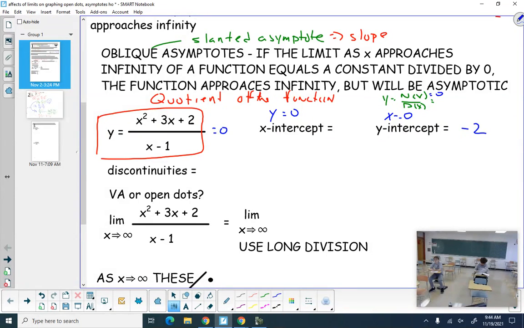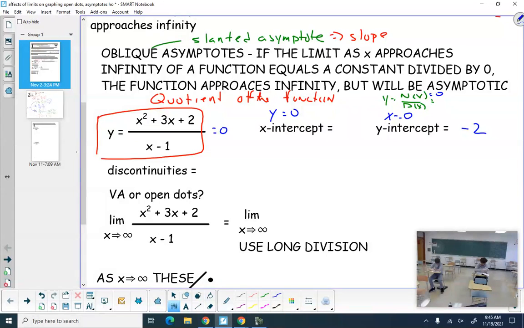What makes the numerator equal to 0, because our discontinuities occur where our denominator is equal to 0. So we take a look at our numerator. If I have 0 divided by 5, I get 0. If I have 0 divided by 7, I get 0. 0 divided by 20, I get 0. So whatever makes our numerator equal to 0 will make our function equal to 0.